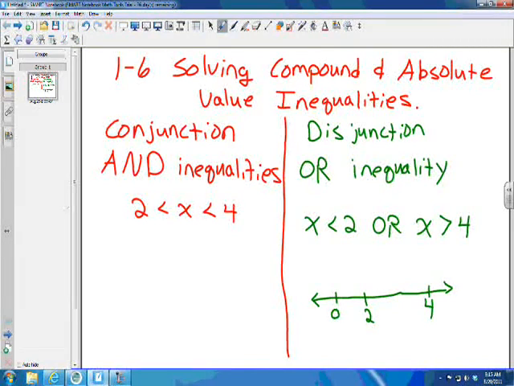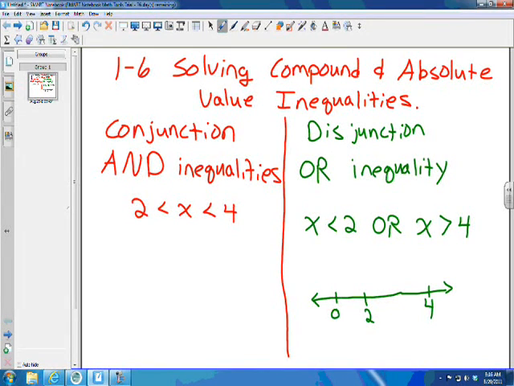What was the other thing we talked about with inequality? The other big difference. Anybody know what was different last time when you were solving them? Flip the sign. If you multiply or divide by a negative, you flip the sign. That still happens here. So when you're solving any of these, if you multiply or divide by a negative, you still have to flip the inequalities.